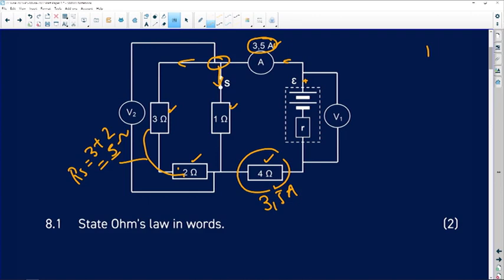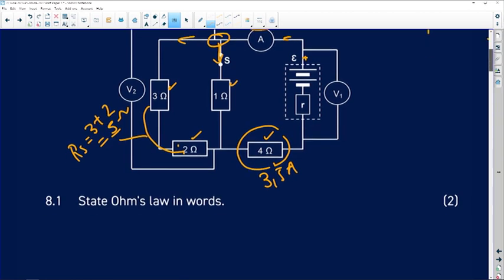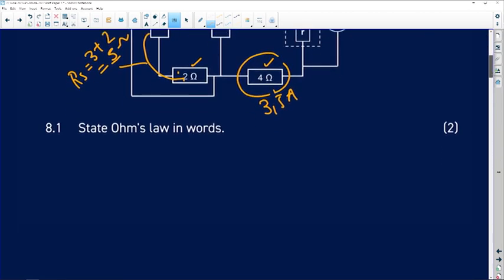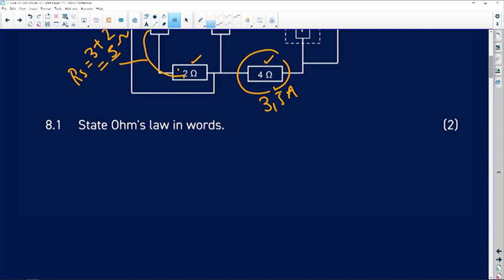All right. The first question that we are given is: state Ohm's law in words. Now, for 2 marks in the exam, this is how you're supposed to state it.